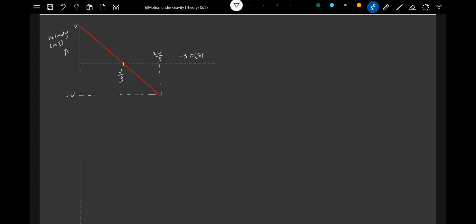This is the velocity versus time graph, and now I'll go for the speed versus time graph. It was projected with a speed u. Look at the response of this.